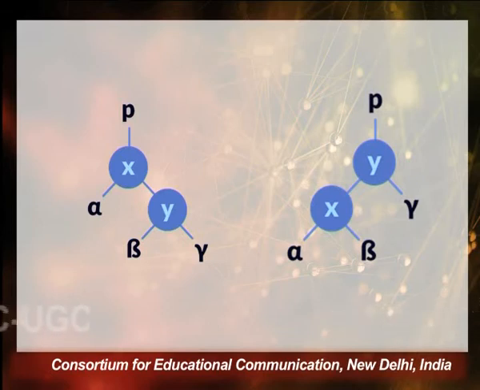So looking at the analogy of these two figures, from one figure, if we perform a left rotation on x, we go to the other one, and in that figure, if we perform the right rotation on node y, we get our initial figure back. This is going to be the effect of left rotations and right rotations on any subtrees.